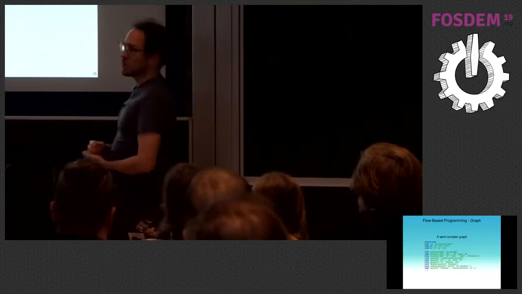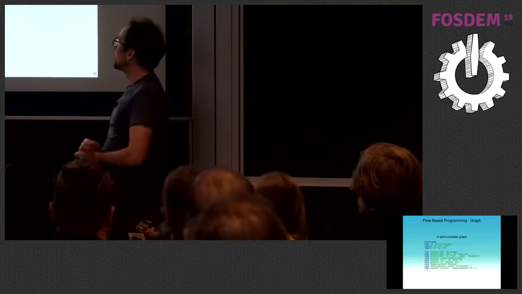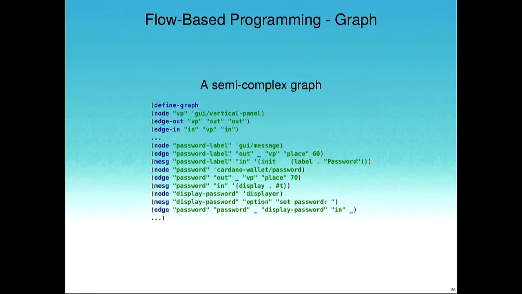Here's a trickier thing. We put a bunch of things together, and in Fractalide, we can also achieve GUIs using these networks. So we have a GUI message there. That's a label, just some text that is shown in a user interface.